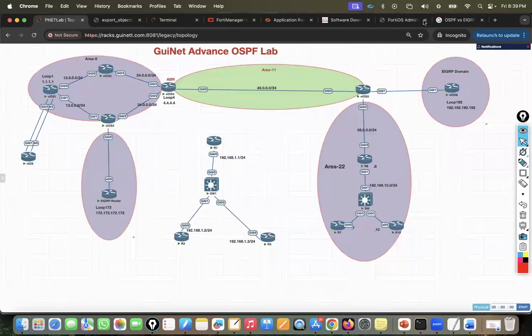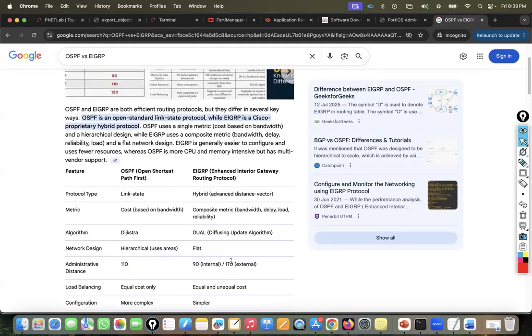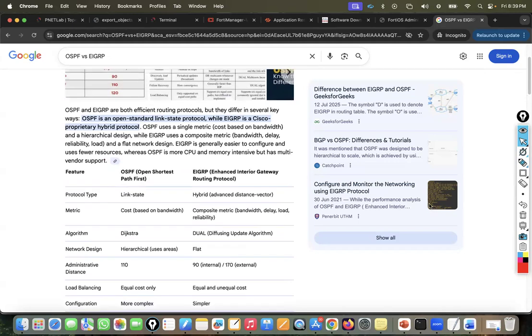So there are a lot of differences. OSPF is more complex, EIGRP is simpler. EIGRP has lower CPU utilization. OSPF is open and multi-vendor; EIGRP is Cisco proprietary and multi-vendor is not supported. These are the differences between OSPF and EIGRP. BGP we will discuss later in more detail.